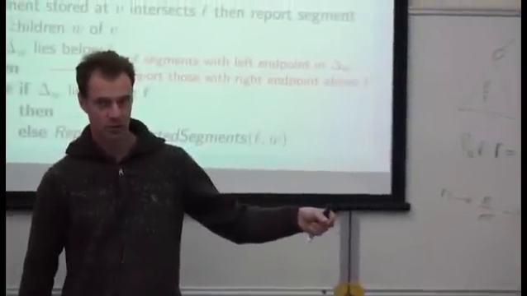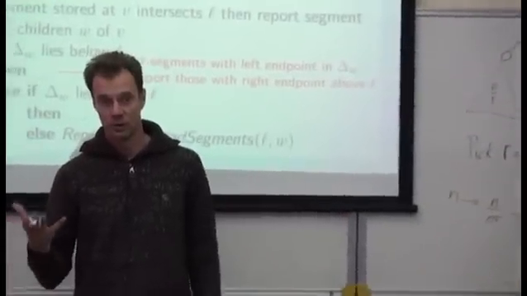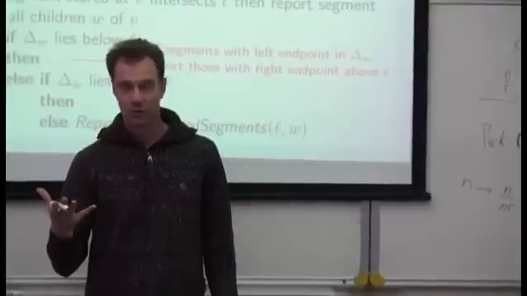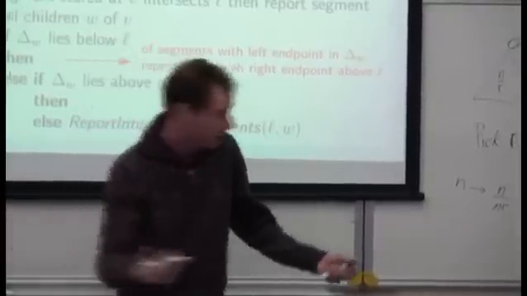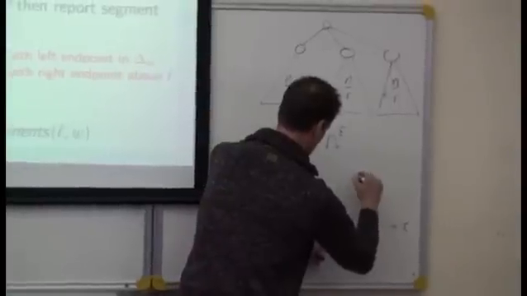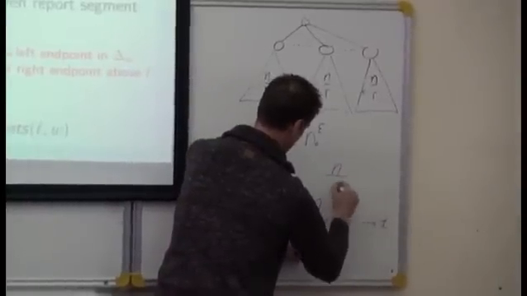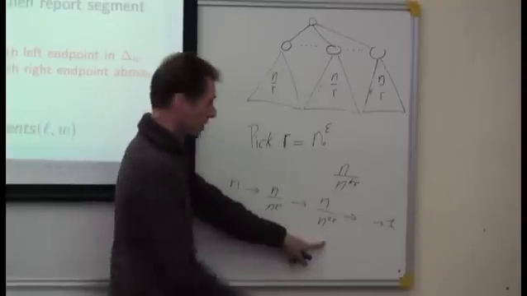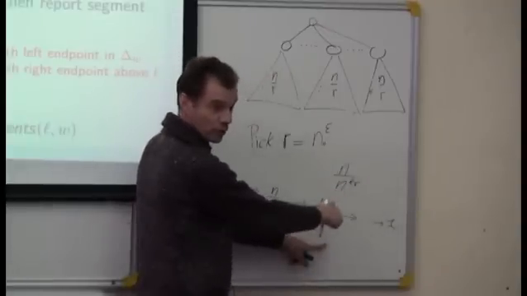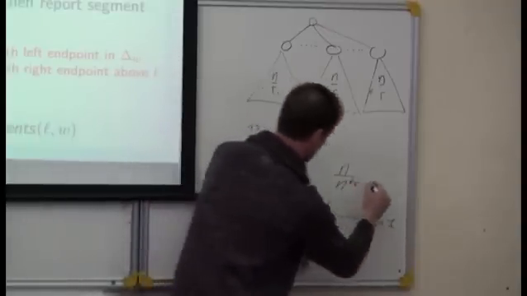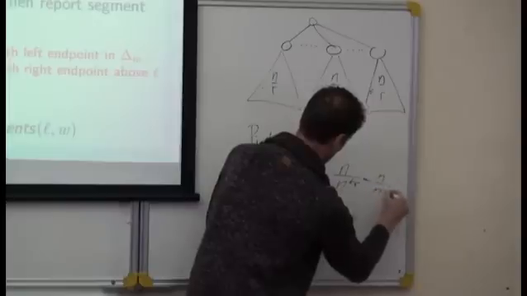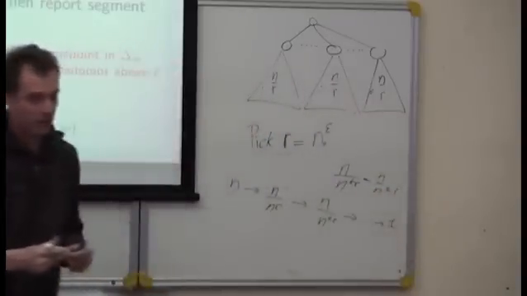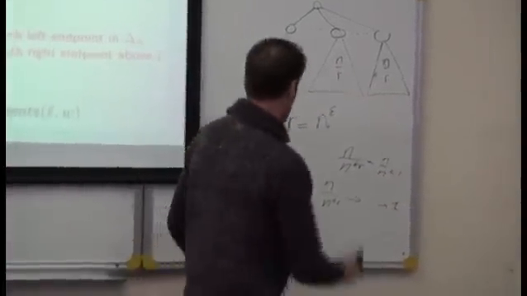So how many steps do I have to take? 1 over epsilon. After k steps I have n divided by n to the k times epsilon. So if I take k as 1 over epsilon, then this is simply n divided by n, which is 1.